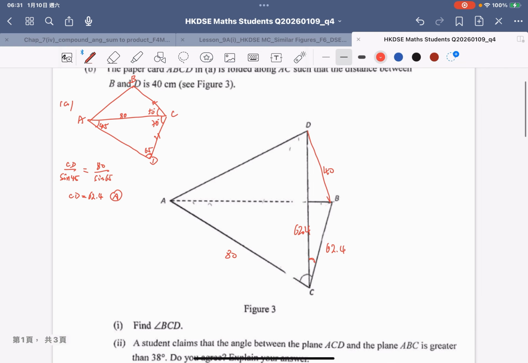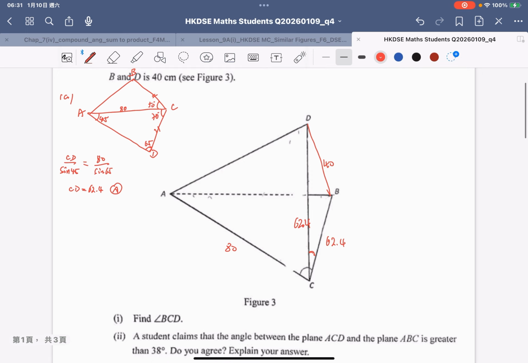I think it is trivial because the angle BCD is just by cosine law.